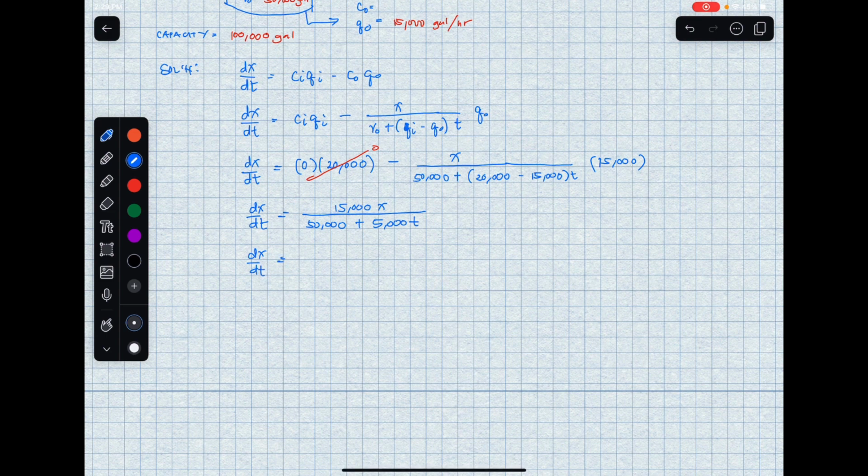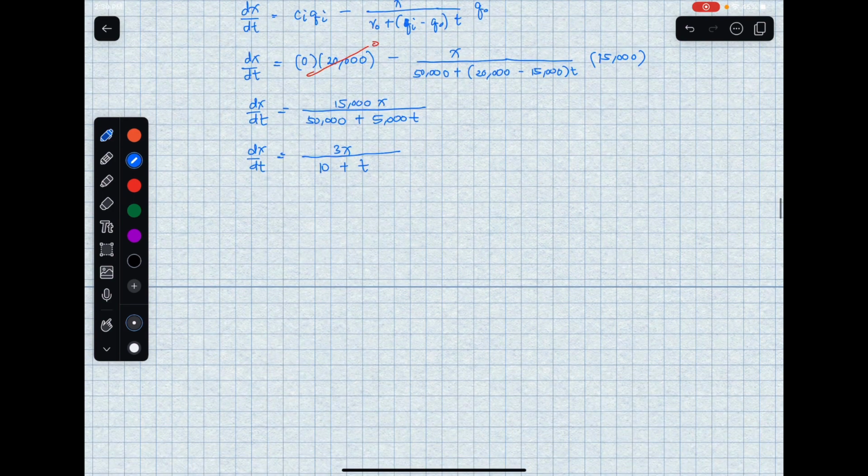But then 5,000 is common to both numerator and denominator, so we reduce this to lowest terms. 15,000 divided by 5,000 is 3x, all over 50,000 divided by 5,000, that is 10, and then 5,000 would just be t. So we have our working equation 2b: dx over dt is simply equal to 3x all over t plus 10.